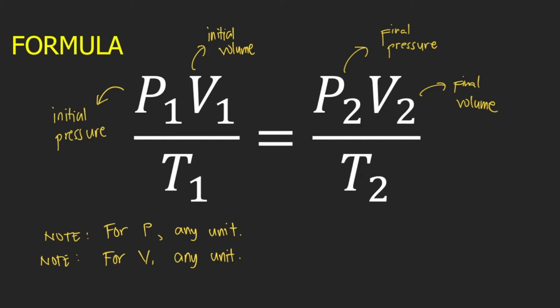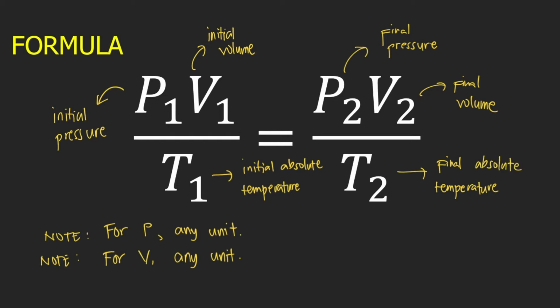Okay? And finally, let's move on to the temperature. T1 is your initial temperature. And T2 is your final temperature. Oh, I forgot to specify. It must be absolute temperature. So T1 is your initial absolute temperature and T2 is your final absolute temperature.